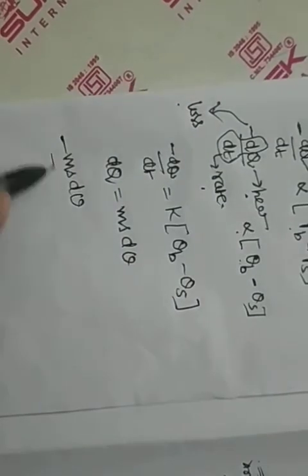So minus ms d theta by dt is equal to K multiplied with theta B minus theta S. So d theta by dt is equal to minus K by ms multiplied with theta B minus theta S. So d theta by dt is equal to minus K dash multiplied with theta B minus theta S. Now d theta by theta B minus theta S is equal to minus K dash dt.